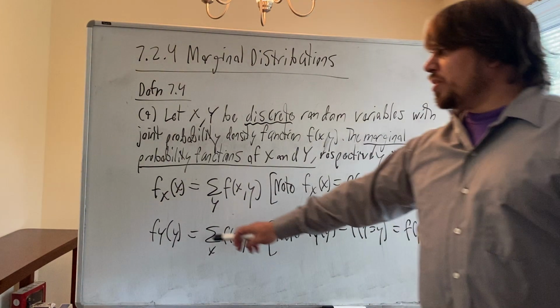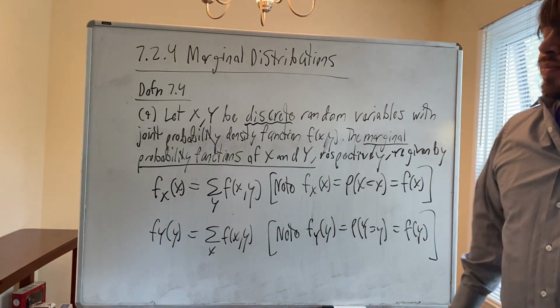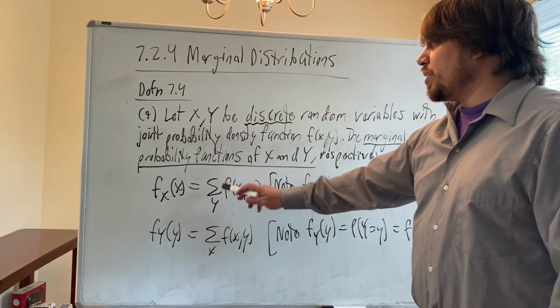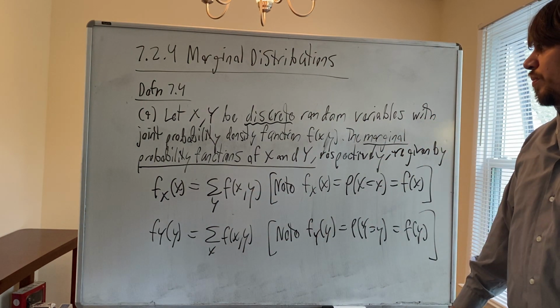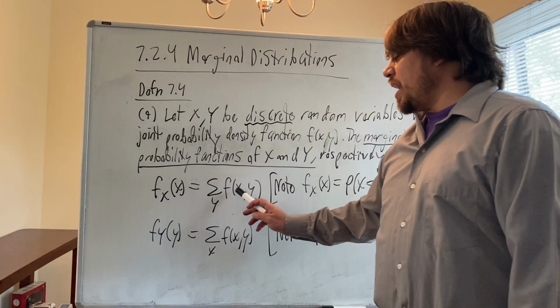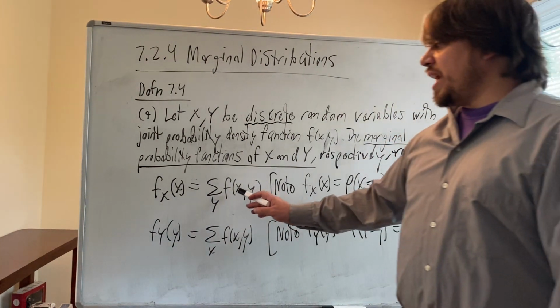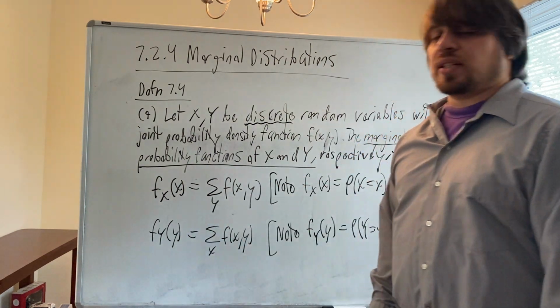Okay, this is the probability that capital X equals little x. But you're getting this from your joint probability density function. Right? This is the probability that capital X equals little x and capital Y equals little y. But you're using that to find the probability that capital X equals little x.